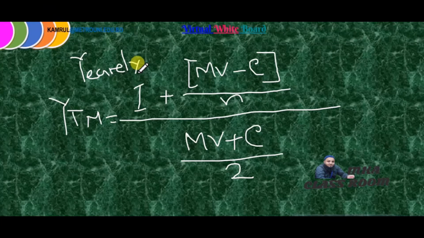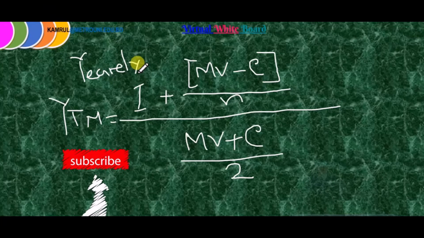Remember that sometimes a bond will provide us semi-annual interest or a semi-annual coupon. That means it provides coupons twice a year, two times in a year.